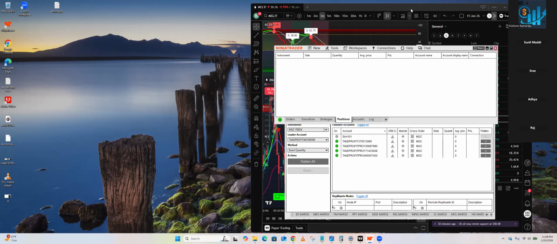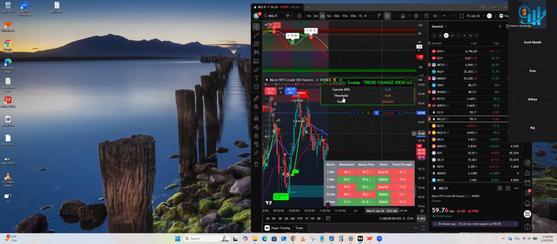One last question. Here, what do you mean by threshold and current ATR? That means how much it is moving for every 3 minute candle. If suddenly you see some big moves more than 0.06, that means the volatility is very high.